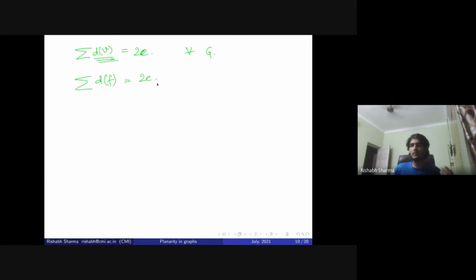Any idea how to solve this using dual graphs? Anybody can answer. Even if you don't have a full idea, maybe just a hunch or anything, feel free to share.